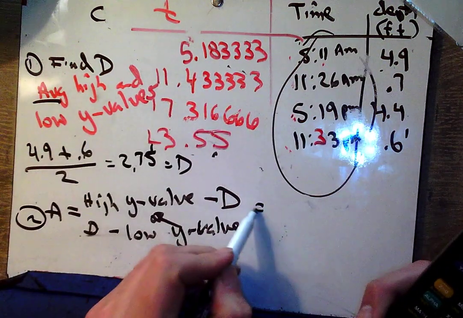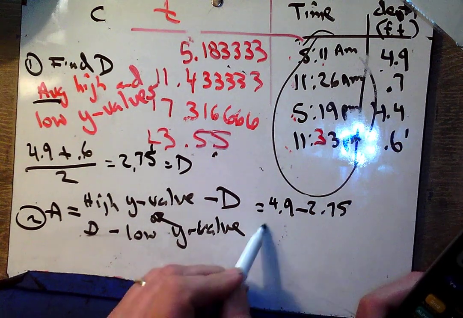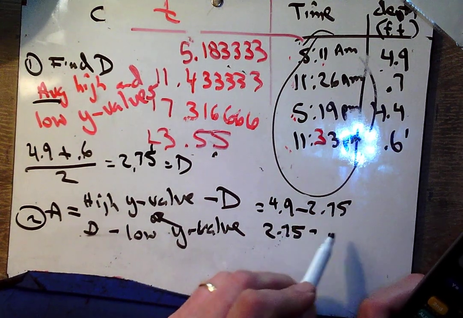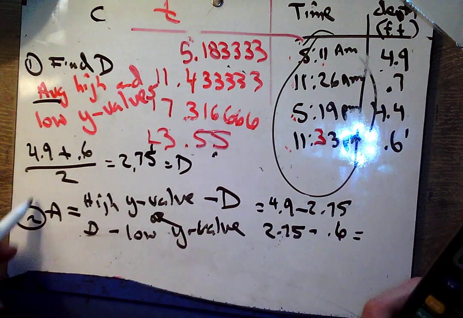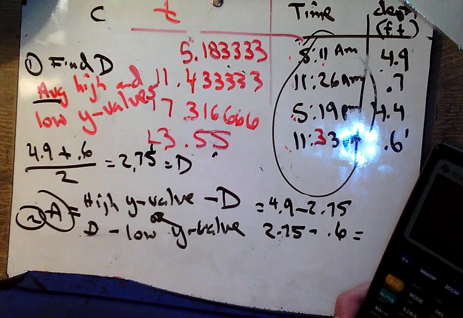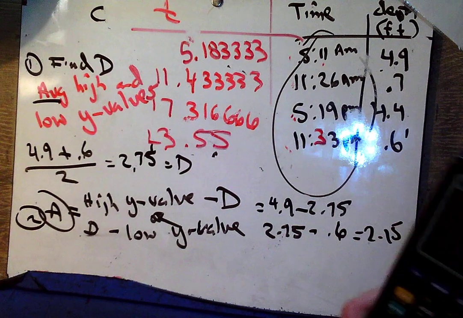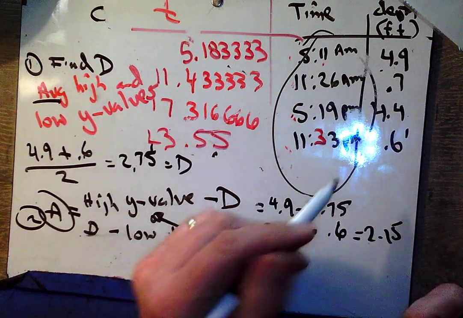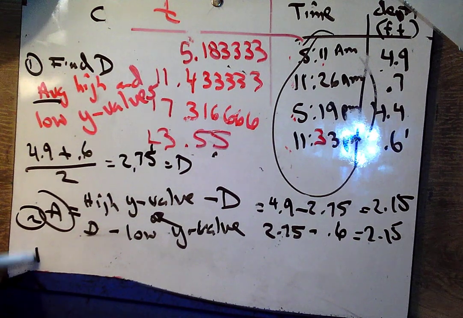So I'm going to have 4.9 minus 2.75, or I could do 2.75 minus 0.6. Either of those will generate an A value for me. So minus 0.6, and I get 2.15. And if I use this one, yep, same thing, 2.15. So now I have my A value.